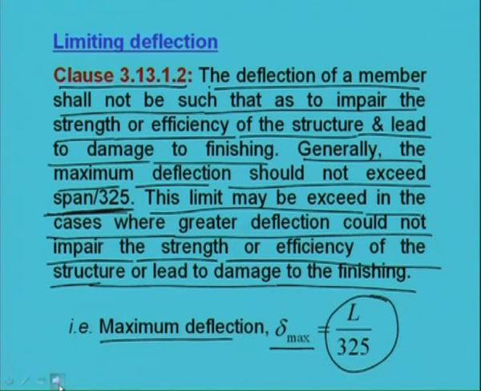So, from this we can work out some expression through which you can have some idea of how deflection can be controlled. We know the maximum deflection of a single span beam member can be written as WL cube by EI, where KL is the coefficient due to displacement, right.